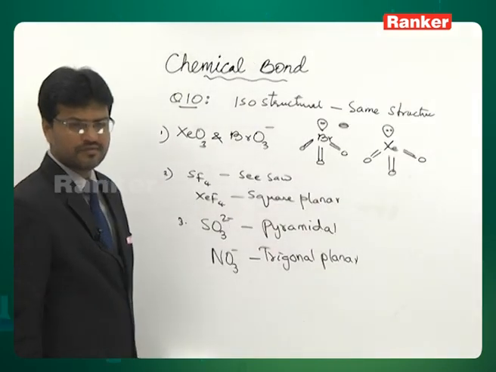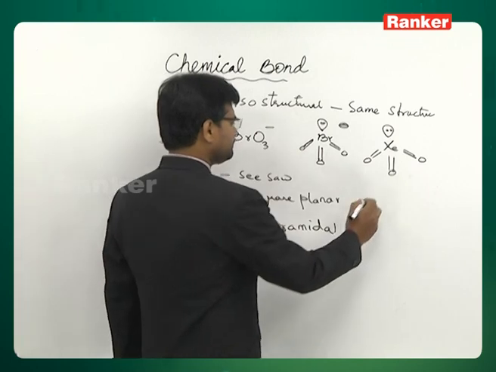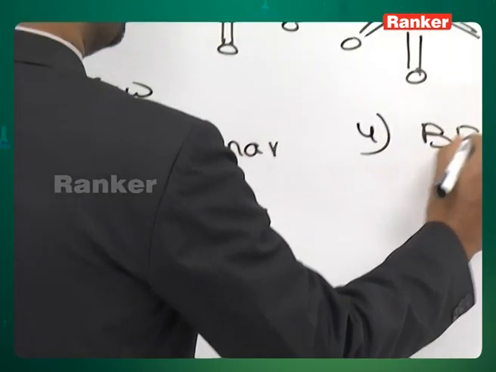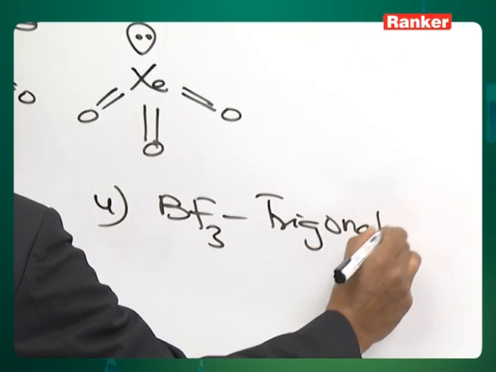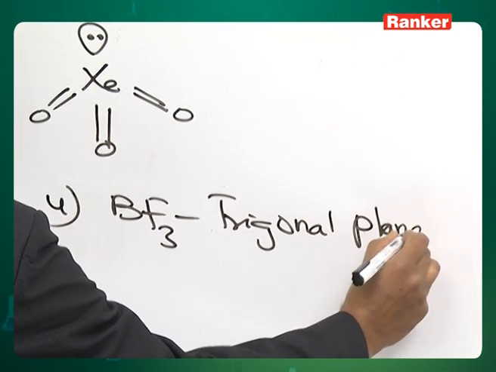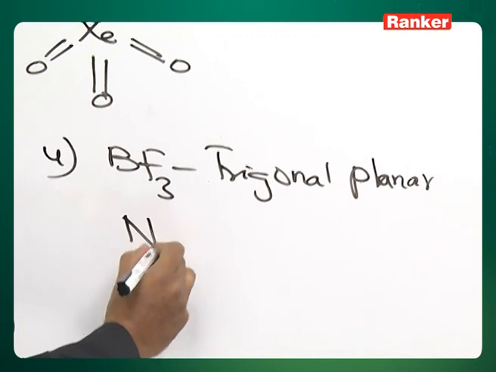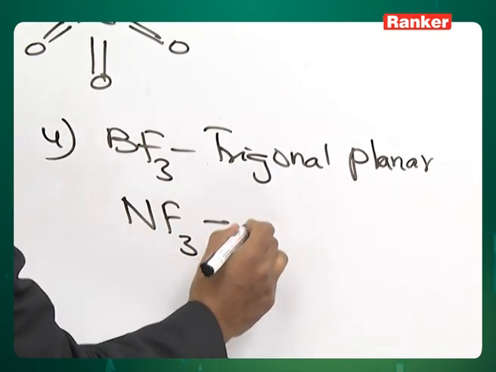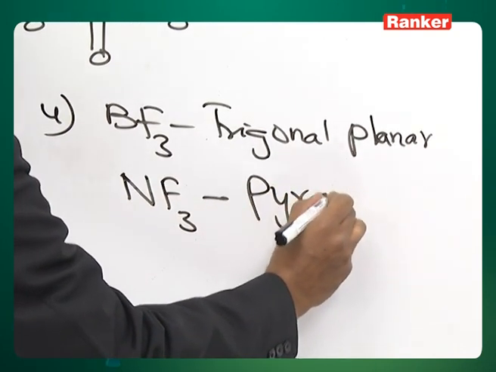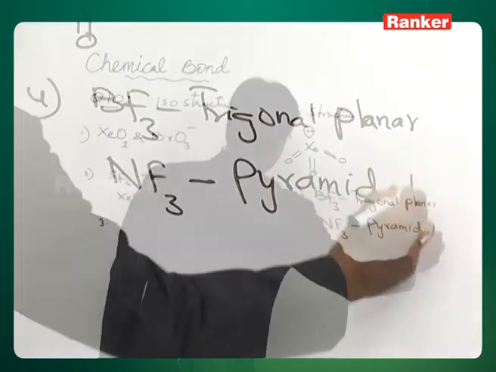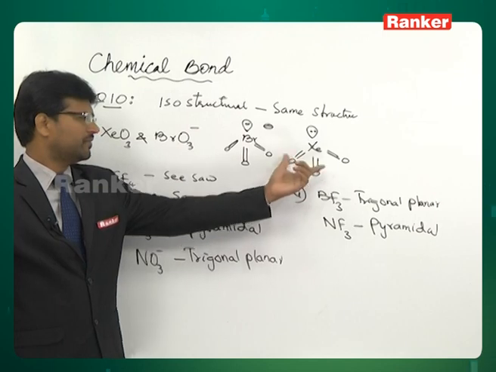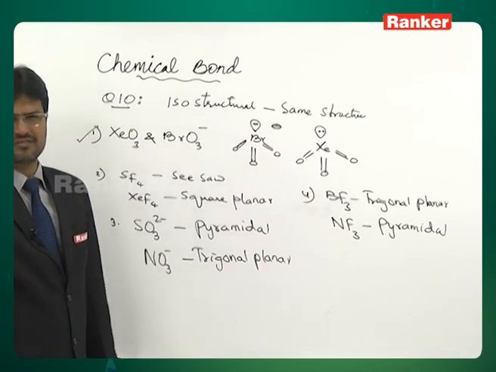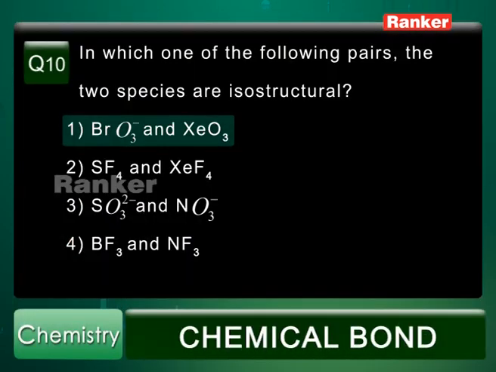The fourth option, BF3 and NF3. BF3 is trigonal planar and NF3 is just like ammonia. NF3 is pyramidal. So the correct answer is the first option. Both XeO3 and BrO3 have pyramidal structure. They are isostructural. Answer is first option.